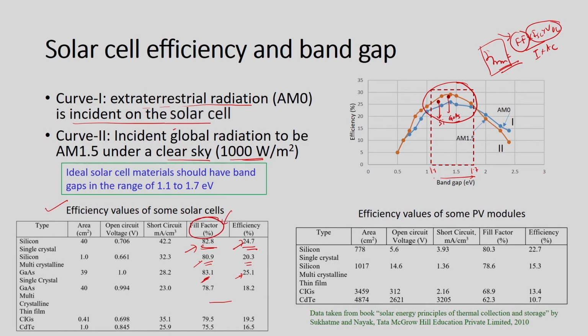And this table shows the efficiency values of some PV modules. This is also quite clear. For the silicon single crystal module, we will have higher efficiency, about 22.7, and at the same time higher fill factor, so the comparison can be seen.